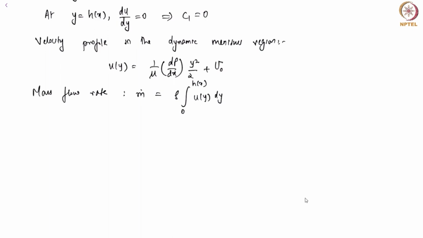If I substitute the expression for u of y in this expression and integrate it, I get density times 1 by mu dp by dx, h cube by 3 plus u naught into h.